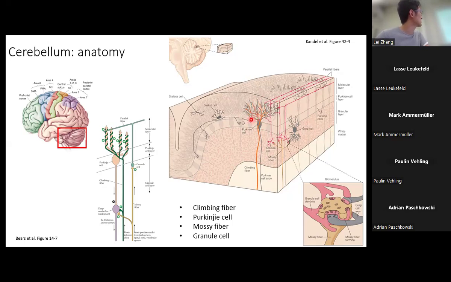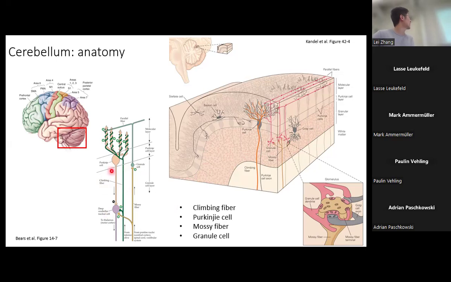You see these multiple Purkinje cells. And then the Purkinje cell will send the information to the motor control area in the brain. Also there's a climbing fiber from another control area that couples together with the Purkinje cell. So here is basically the structure of the connections of different types of cells in the cerebellum.